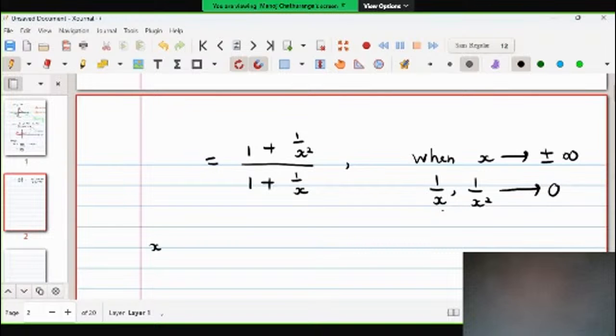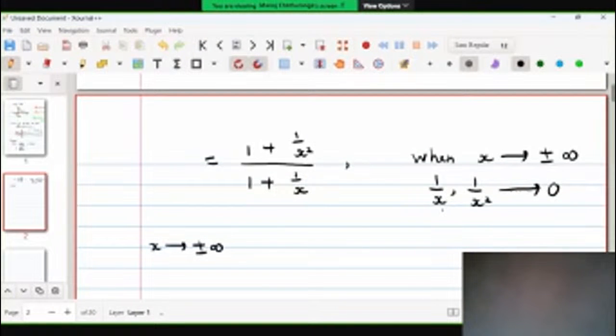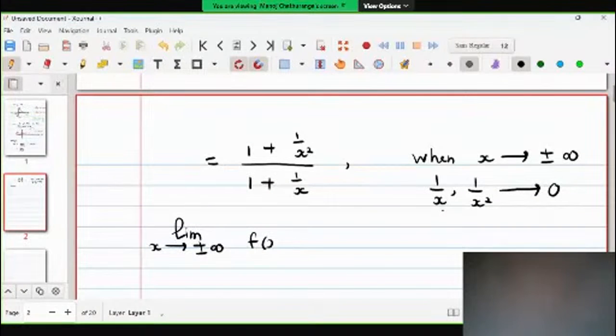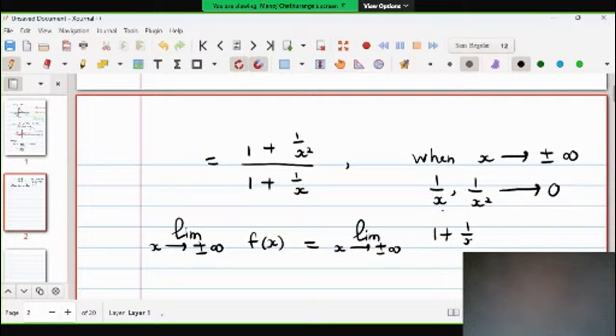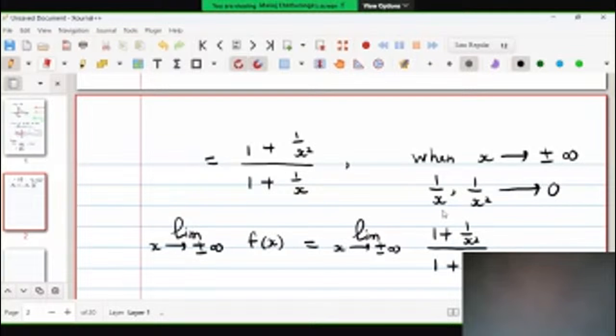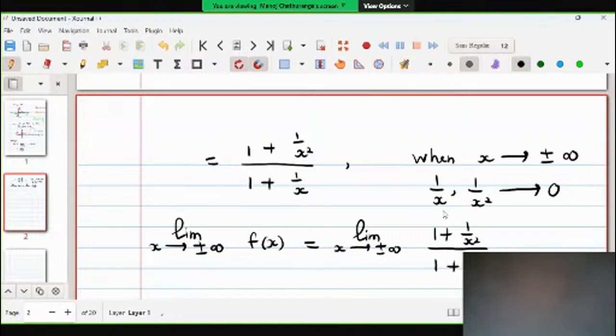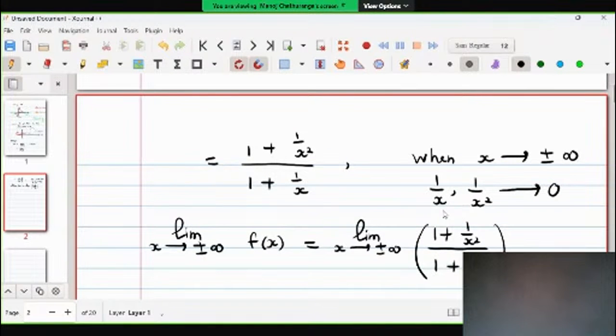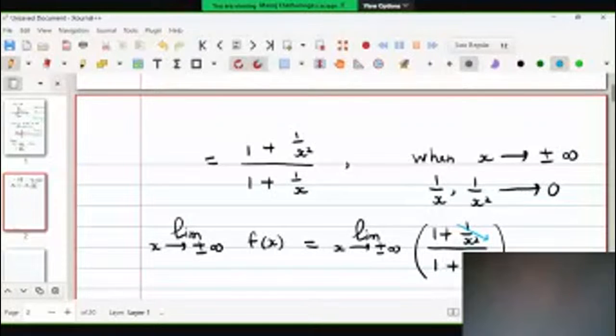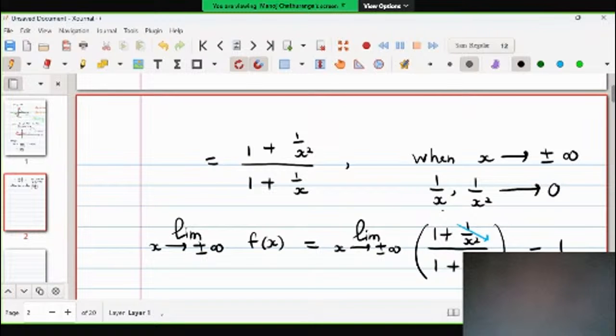So if you take the limit as x goes to plus or minus infinity of 1 plus 1 over x squared divided by 1 plus 1 over x, this term goes to 0 and this term separately goes to 0. So the resulting limit is 1.